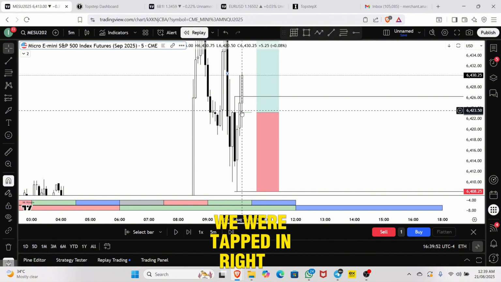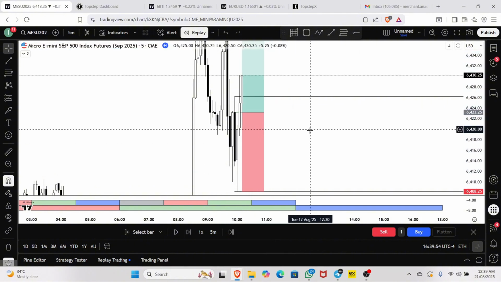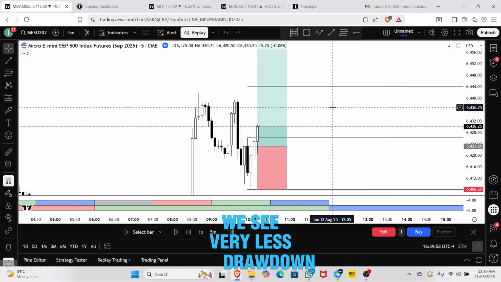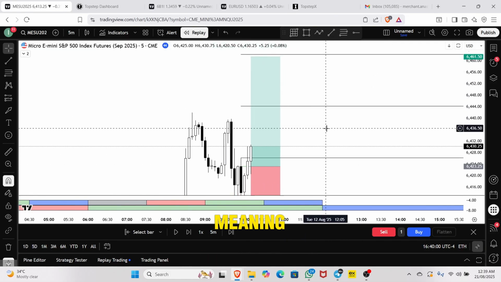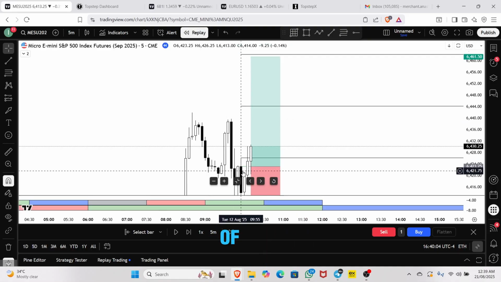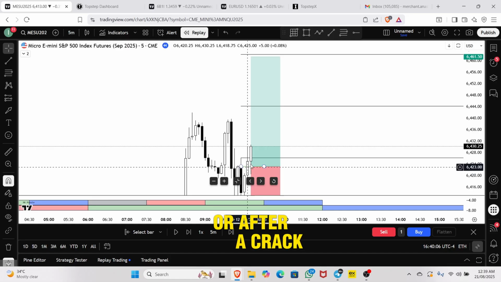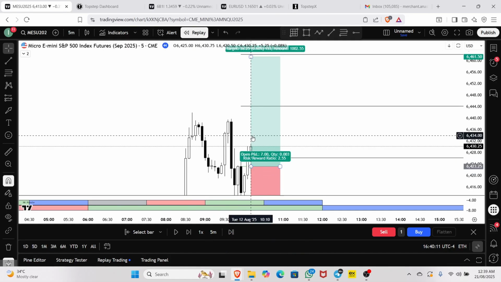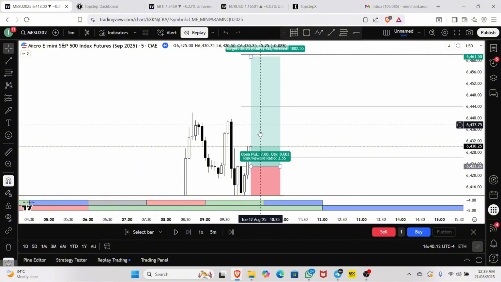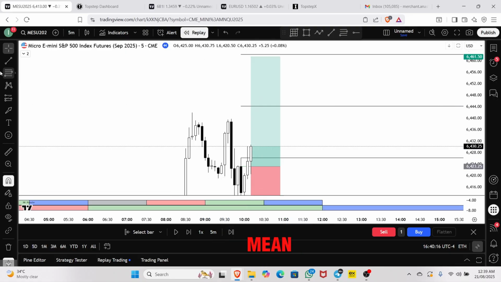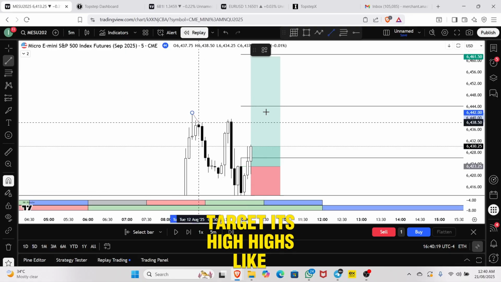We were tapped in right there, and you see immediately we see very little drawdown, meaning this is what we need to see after a change in the state of delivery or after a crack in correlation. SMT, we need expansion. We need price to reject everything and then target its highs like this.